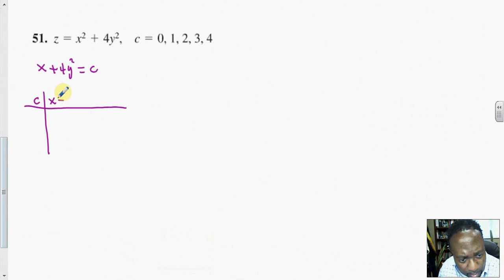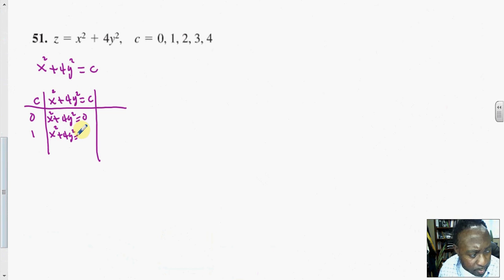So here we have x plus 4y squared equal to c. If c is 0, we have x plus 4y squared is equal to 0. If c is 1, this is x squared plus 4y squared is equal to 1.